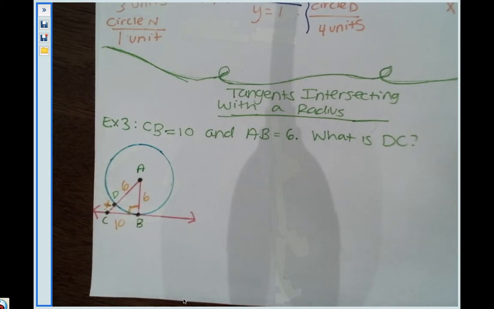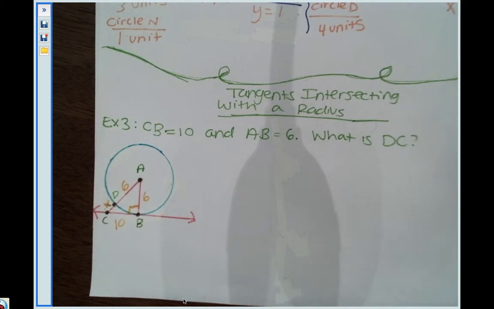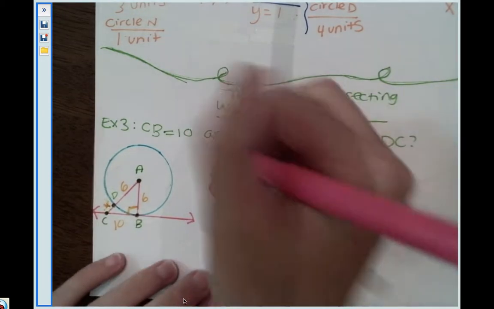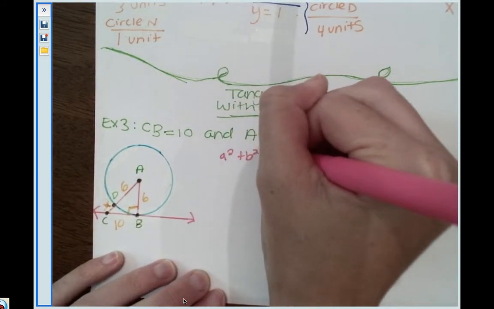What nifty theorem do we use to find the side lengths of a right triangle? Correcto mundo. We do use the Pythagorean theorem. So I'm going to use the Pythagorean theorem to help me to find x. So let's see what happens. The Pythagorean theorem is a squared plus b squared equals c squared.